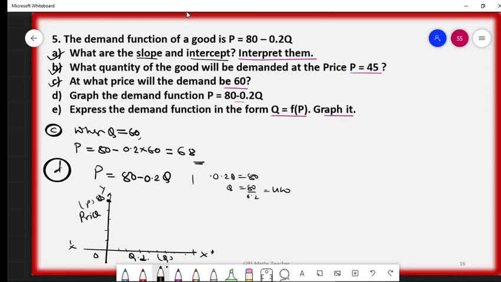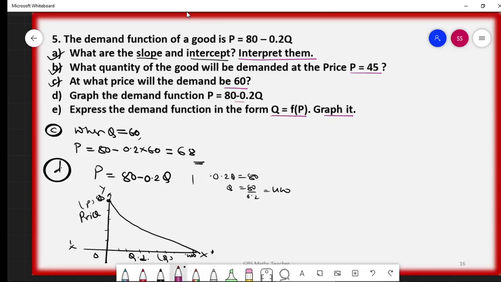So here will be 400. So draw this graph, dear students. This is not exact, this is a rough sketch. Anyway, you understand that. Find P equal 0 and Q equal 0 and show this in the graph.